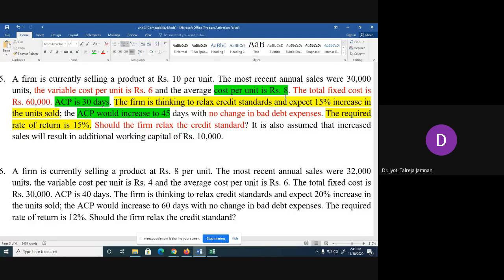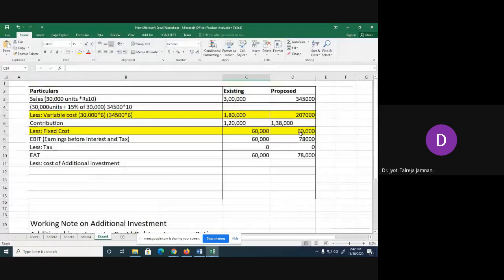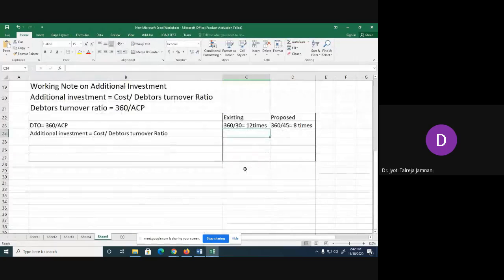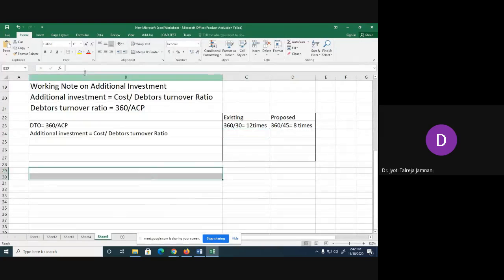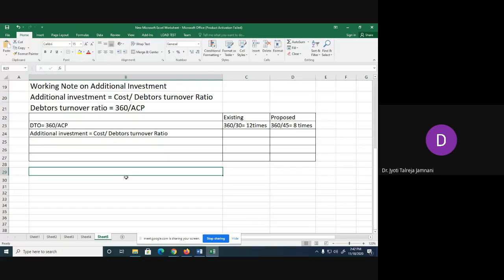So this is how it will work. Sorry, in the proposed you will have to do 30,000 into 8 plus 4,500 into 6, because when you increased your sales, your fixed cost didn't increase. See here, I will just show you what I'm trying to say. In the first case, you sold 30,000 units. 30,000 into 8 you can do, because 8 rupees includes your fixed cost also.